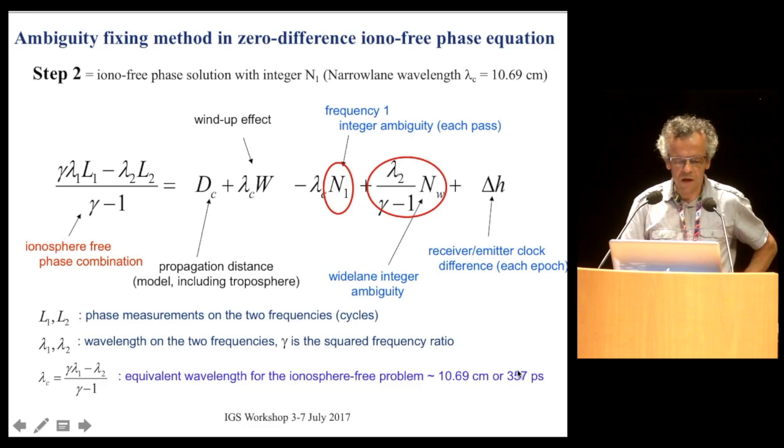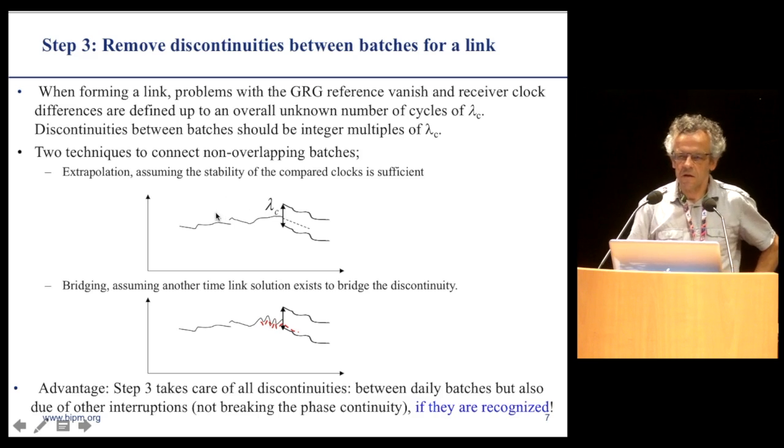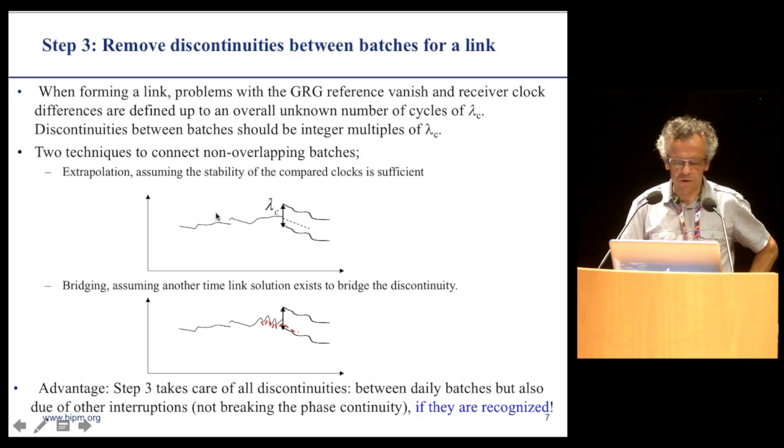So the point is to be able to determine this link from day to day or from batch to batch at this level. And this is done when you have stable clocks like a hydrogen maser. You should be able to just extrapolate forward or backward to determine this integer number.